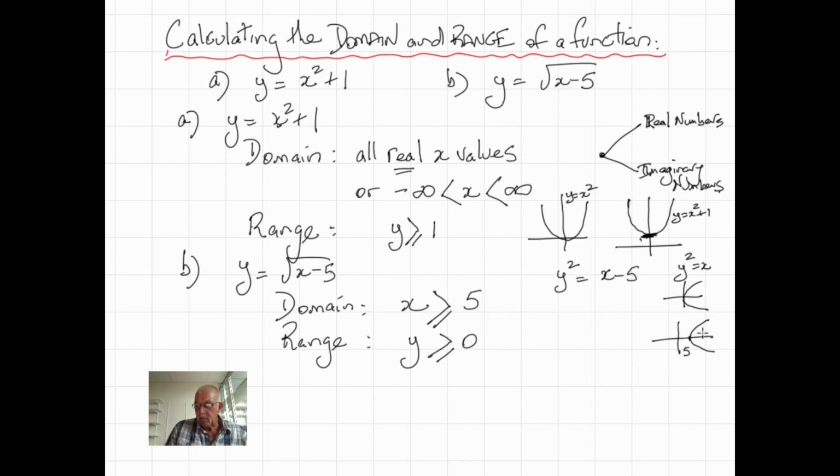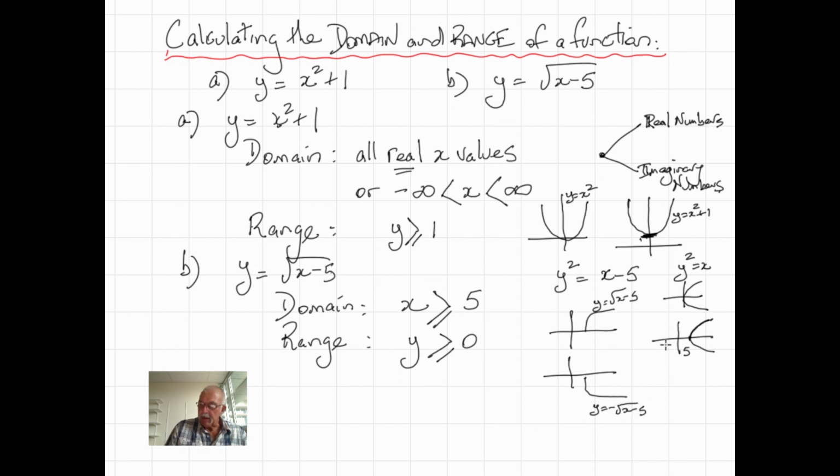Now, we're saying, okay, we've got this area down here, but when we look at y equals the positive square root of x minus 5, we're only looking at that little bit up there. So, if you like, that is y equals square root of x minus 5, and this is y equals a negative square root of x minus 5.